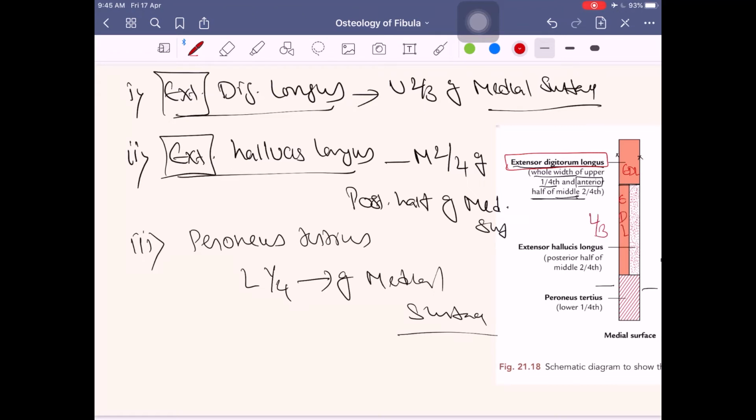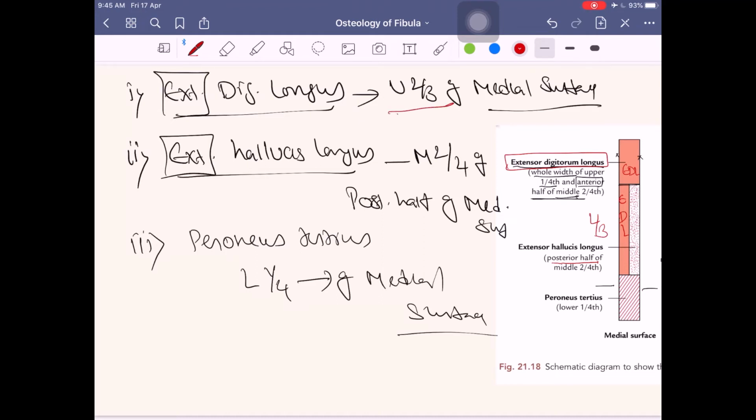In the upper 1/4 area, it takes origin from the entire extent, whereas in the lower part of the 2/3 area, it only takes origin from the posterior half of the middle 2/4. So in simple words, it is from the upper 2/3 of the medial surface.